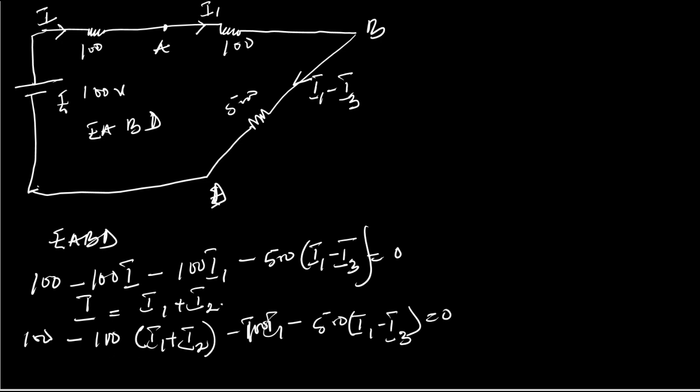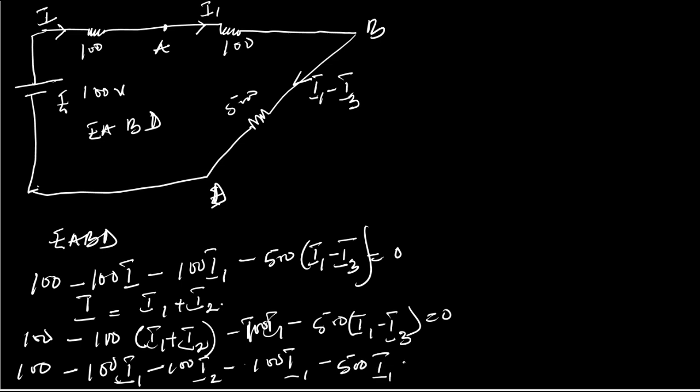Now conclusively, this will be 100 minus 100 I1 minus 100 I2 minus 100 I1 minus 500 I1 plus 500 I3 equals 0.